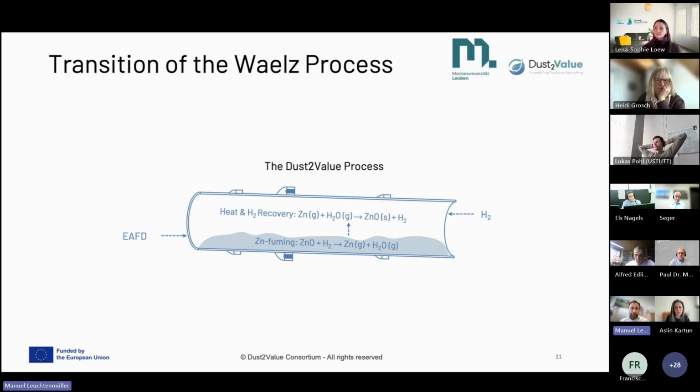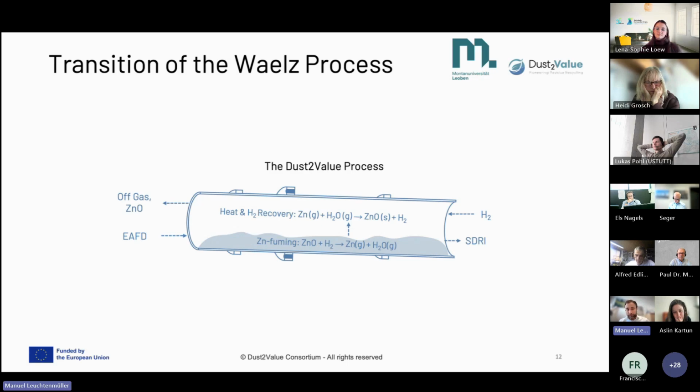And what we have is a design that during the cooling, the zinc reoxidizes not with oxygen, but with water vapor. And the zinc oxide is formed again, and we recover the hydrogen, not only the heat, but also the hydrogen.